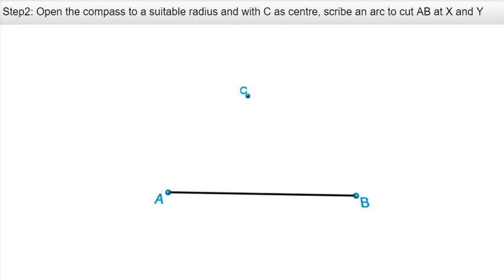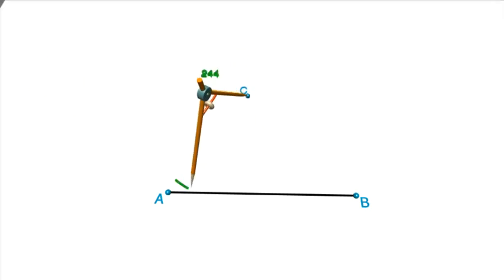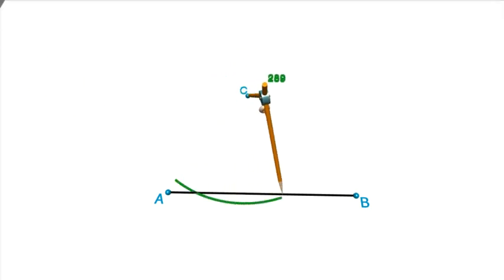So first I'm going to test it, and I'm not going to scribe the arc unless I'm certain it's going to cut the line AB at 2 points. Where it cuts the line AB, I'm going to call those 2 points X and Y. So I scribe my arc, and it cuts the line AB at X and Y.